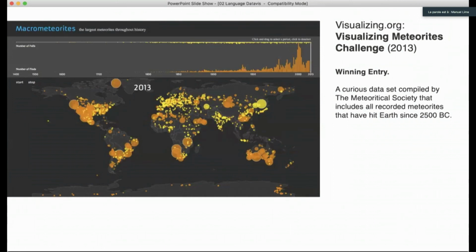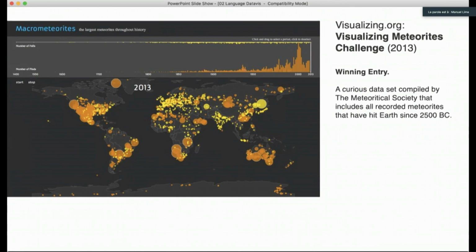Or like this one, which was really a data visualization competition a few years back, where users were given the same data set. And the data set included all recorded meteorites that hit planet Earth since 2500 BC.